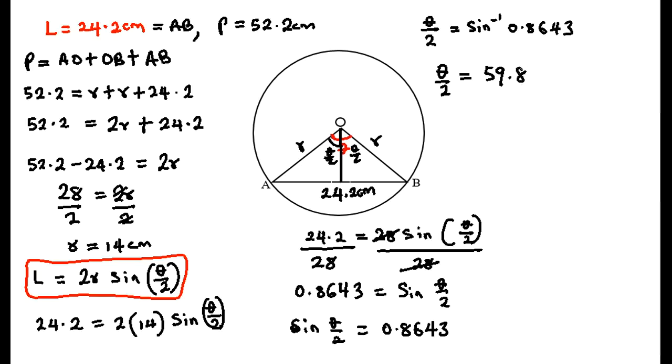To get theta, since this is theta over 2, I can put it over 1, then cross multiply, so that theta times 1 gives us theta, and 59.8 times 2 should give us 119.6 degrees. This angle should be in degrees. So our answer here is 119.6. So that's it.